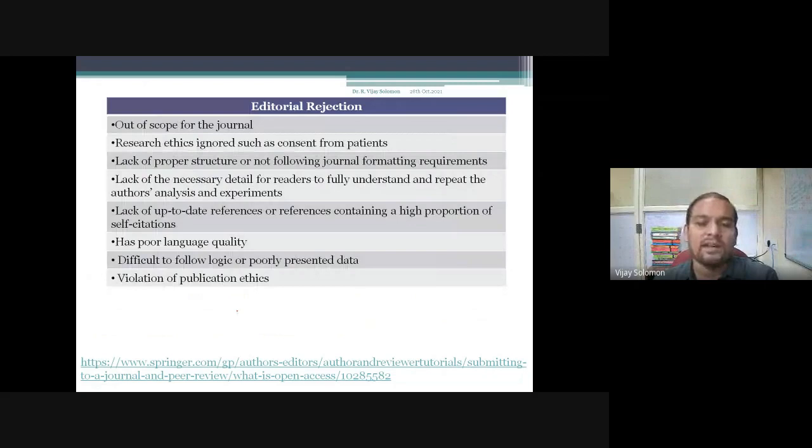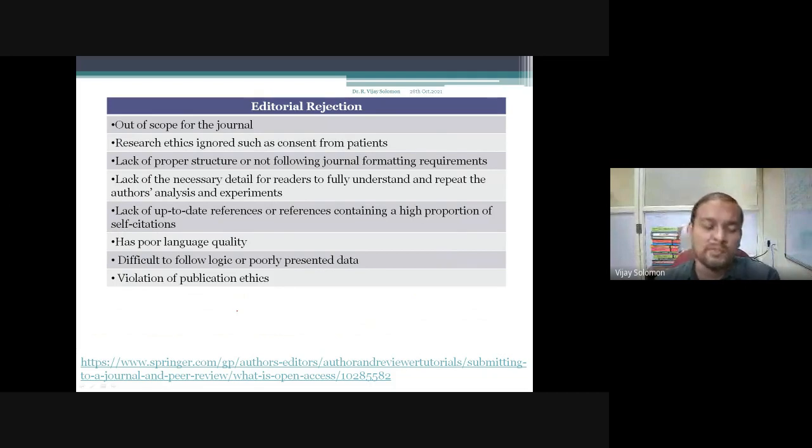The editorial rejection is the one that is done by the editor. Most probably they will say out of scope for the journal. Research ethics ignored, such as consent from patients, lack of proper structure, or not following journal formatting requirements, lack of the necessary details for readers to fully understand and repeat the author's analysis and experiments, lack of up-to-date references or references containing a high proportion of self-citations, poor language quality, difficult to follow logic, or poorly represented data.